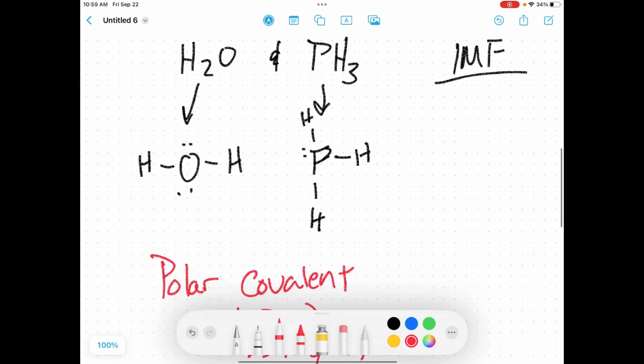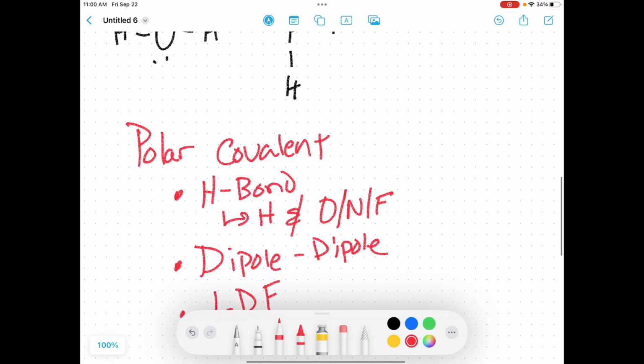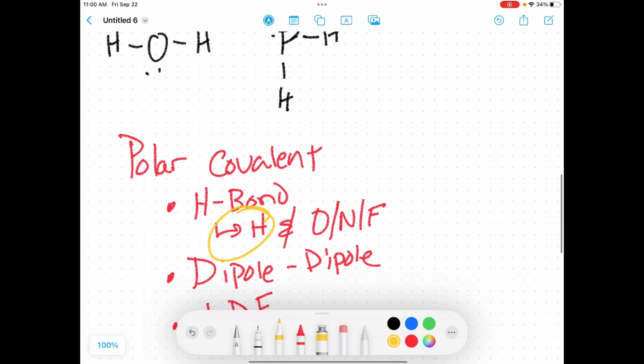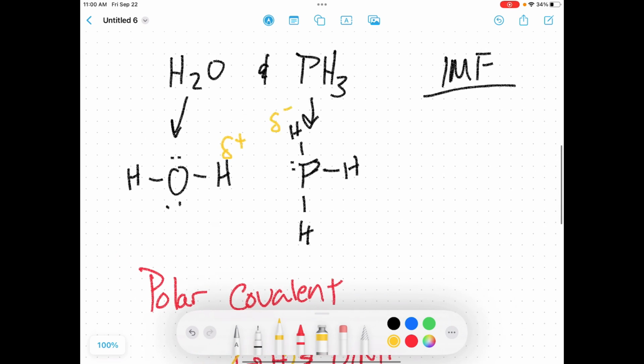Looking here at the molecule, I see a hydrogen. So this hydrogen here would be slightly positive. And I want to see if I can find an O, N, or F that could bond with either one of my positive hydrogens from either molecule. Well, I see that this oxygen over here should be slightly negative, and then this phosphorus should be slightly negative.